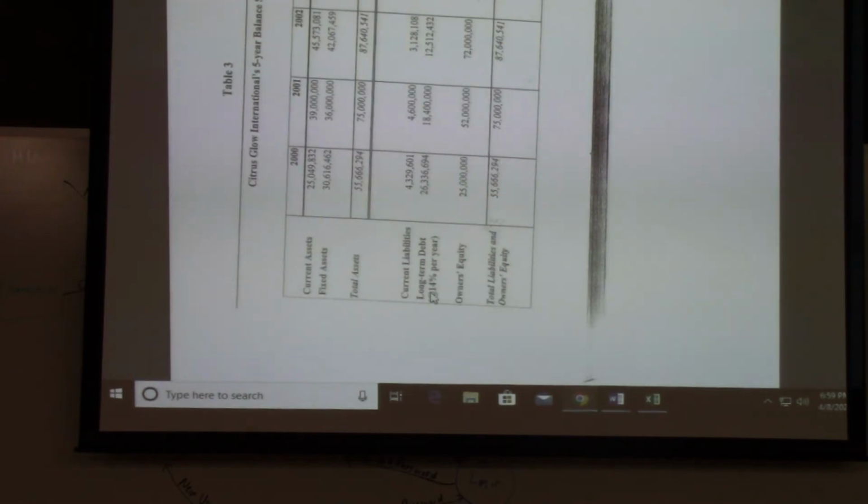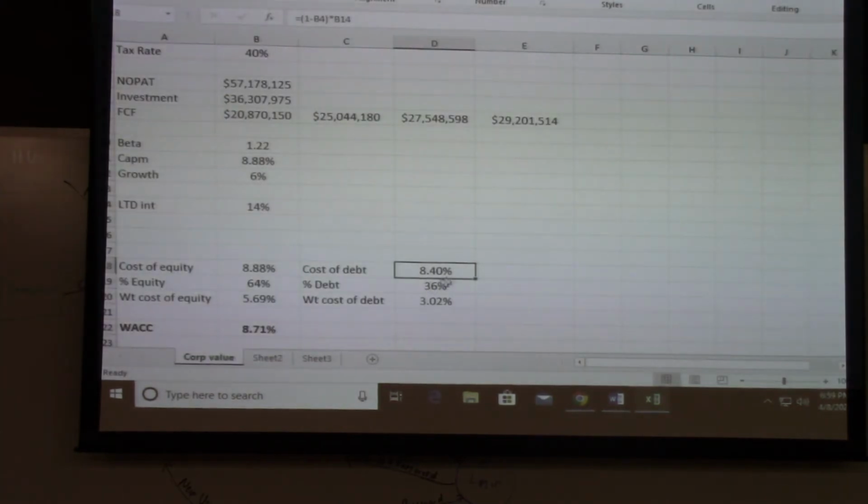So we take the 14% and multiply the 14% by 1 minus the tax rate. So B14 is 14% right there, by 1 minus the tax rate, and we get 8.4%. So that's the after-tax cost of debt.